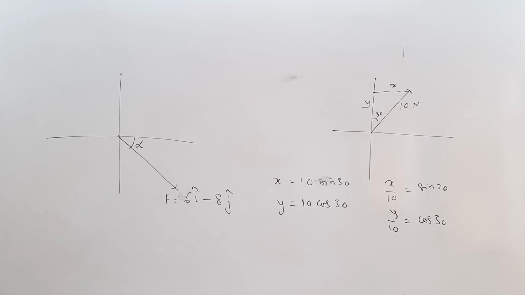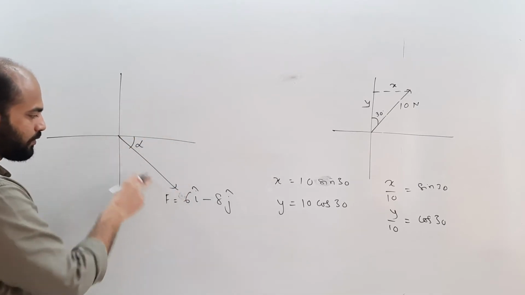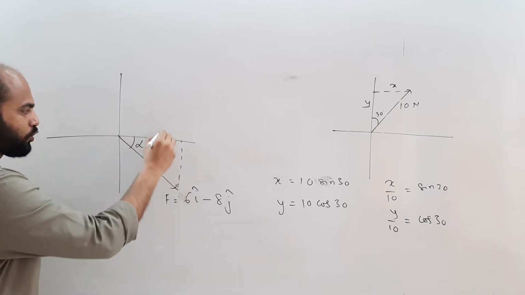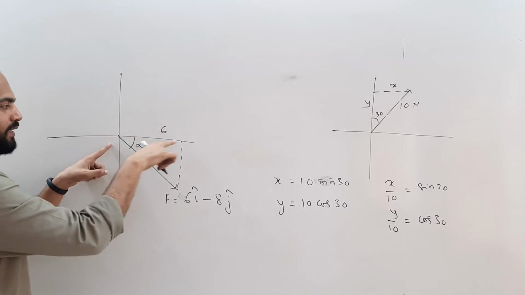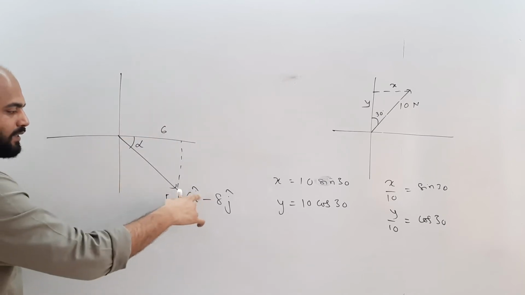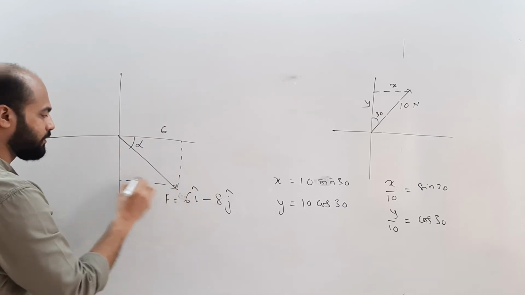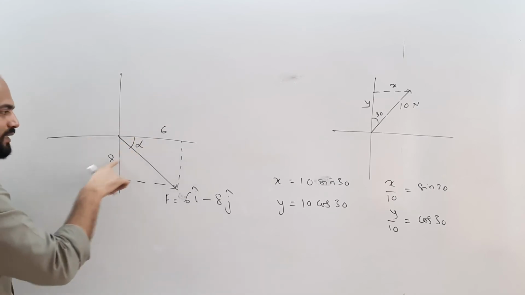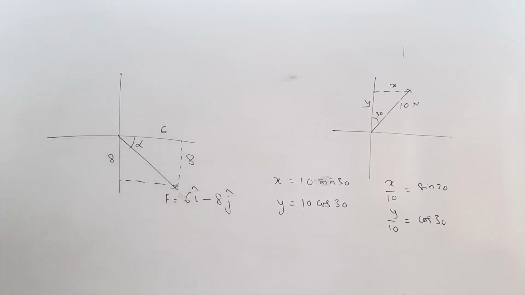We have to find the angle alpha. Now you can clearly see that if this is the vector, that means 6 is positive. So x is positive. This should be 6 because we are traveling 6 in the positive x. And this is 8. We are traveling 8 in the negative y.